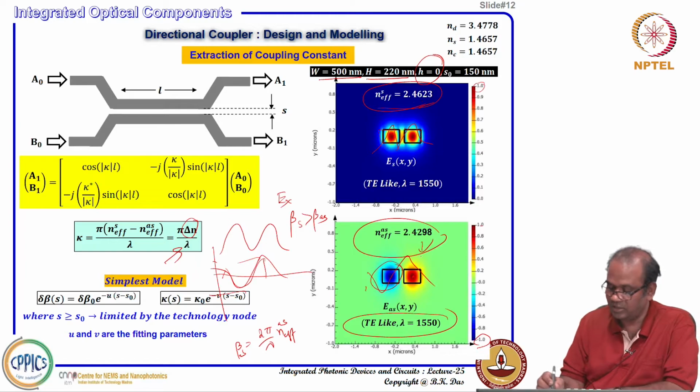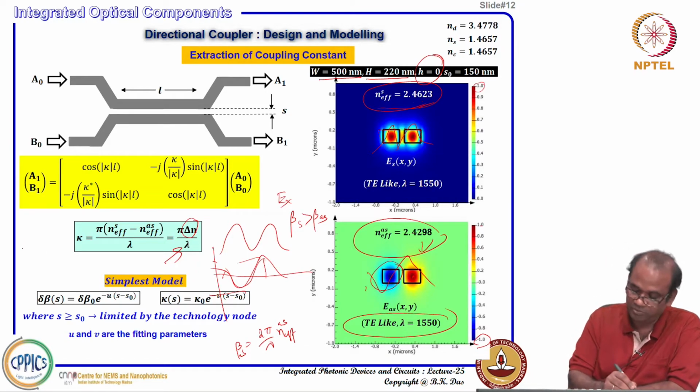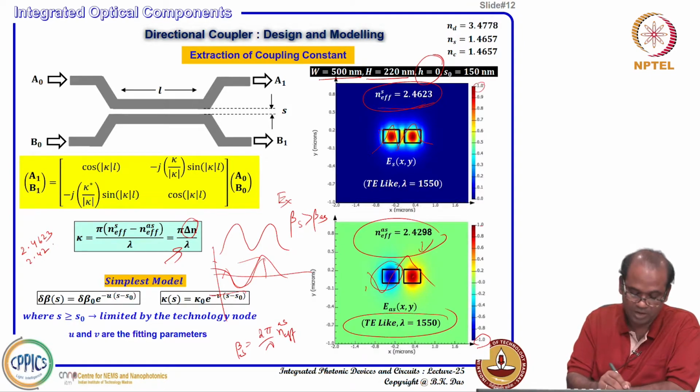For example, in this case delta n equals 2.4623 minus 2.4298. If you subtract that, you get 0.0325, so about 0.03, is the delta n.